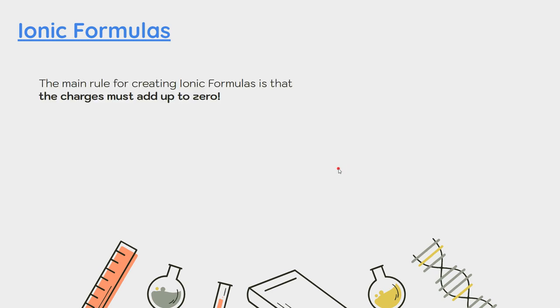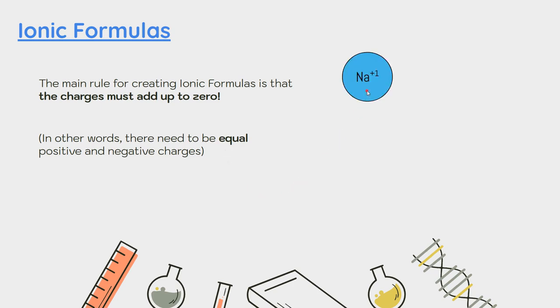And this is how we construct ionic formulas. The main rule is that in ionic formulas, the charges must add up to 0. In other words, there need to be equal amounts of positive and negative charges. For instance, if I have sodium, Na, with a +1 charge, and oxygen with a -2 charge, right now I have more negatives, so let me add another sodium atom.